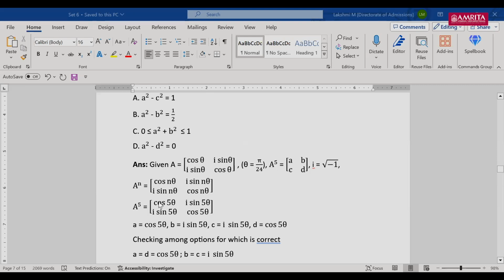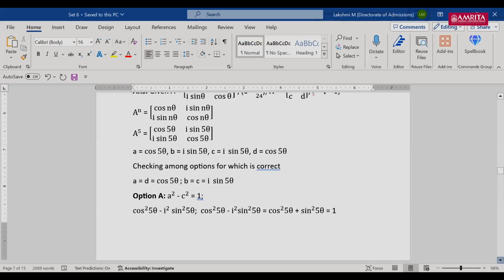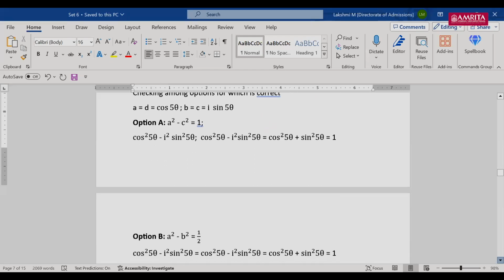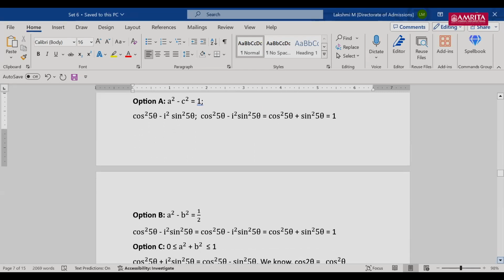So it is something like a square. You can take cos square 5 theta minus c square, which is i square sin square 5 theta. Is that something called 1? So you could just simply substitute the values and solve, taking each and every option and finding out which one is not satisfying it.